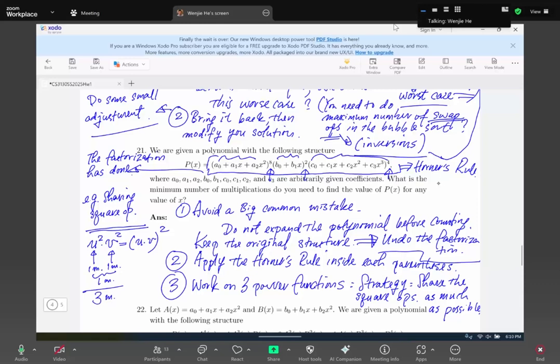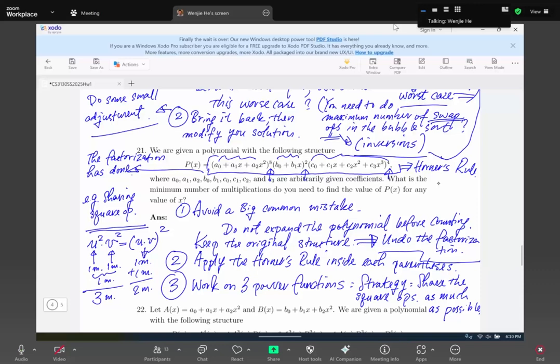But when you do sharing, you have one multiplication inside the parentheses plus another one, covering both operands, UV. So your total is 2. You can do a fewer number of multiplications.